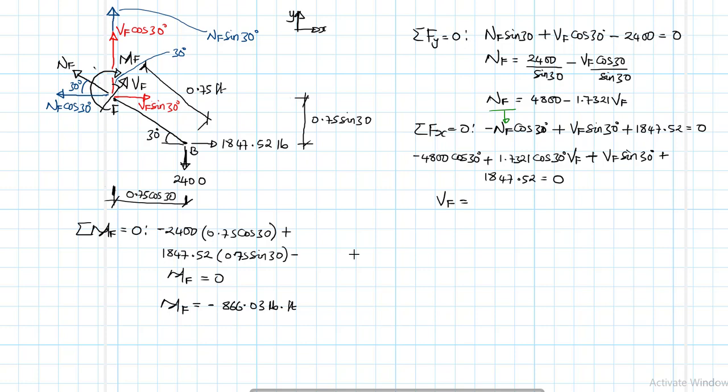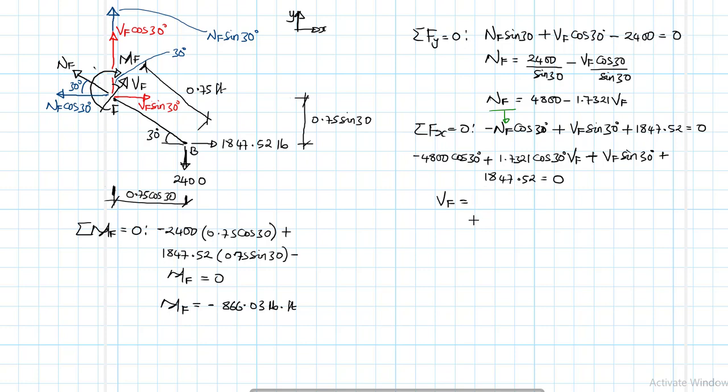So minus 4800 cos 30 plus 1847.52. Alright, we have a negative number, great. Then divided by 1.7321 cos 30 plus sine 30. Okay, there we go.